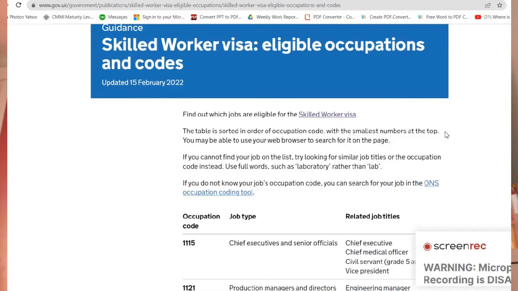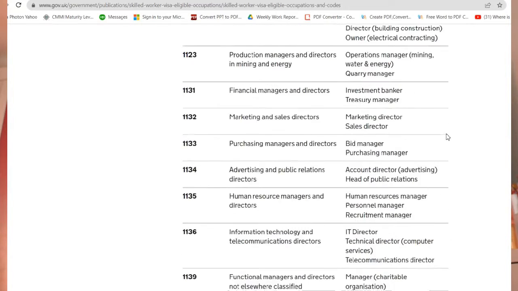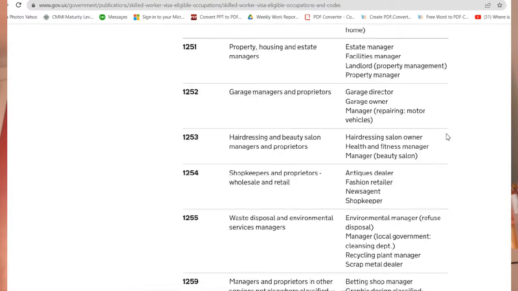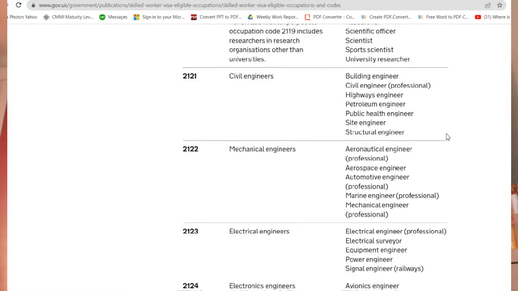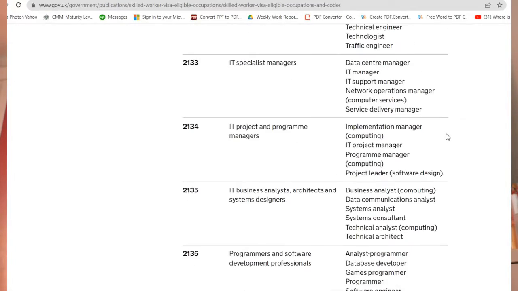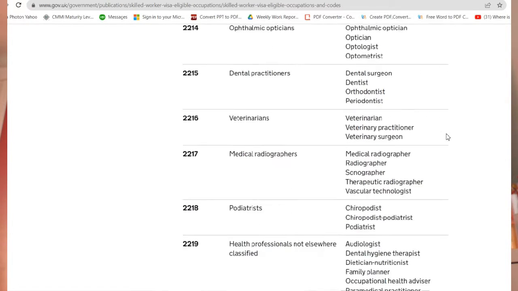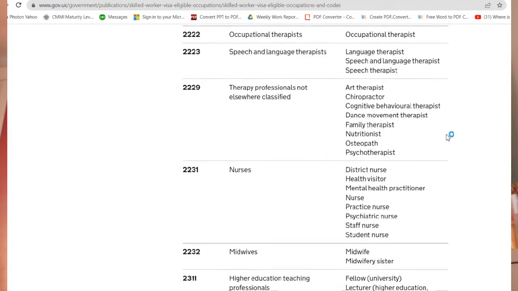You can be a teacher, a civil engineer, an IT professional like me, a designer, or a healthcare professional. All different jobs have a job code, and the offer that you have received should match one of these job codes officially published by the UK immigration.